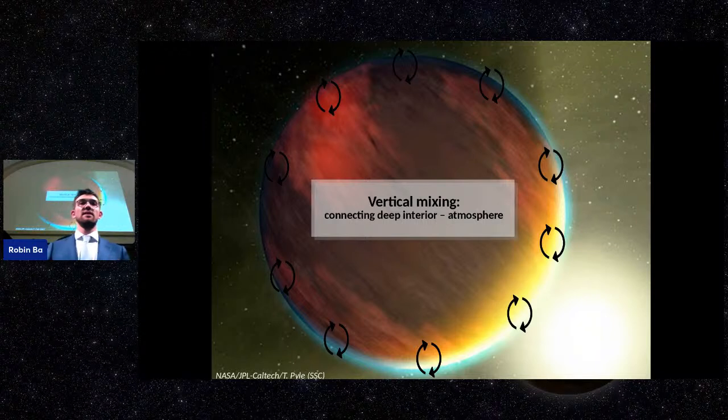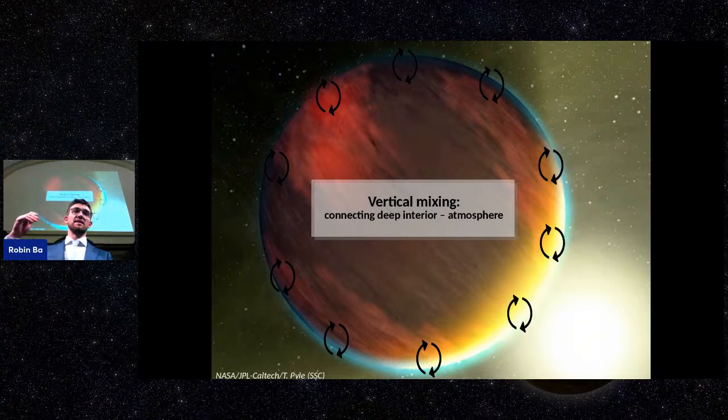There is also one additional thing that I would highlight here, and that is connected to the vertical mixing, which can actually make a connection between the deep interior of the planet and the upper atmosphere where our observations are coming from. In comparing the results of our chemical models and our transmission spectra with earlier work of other research groups, we found some differences, and we derived that these differences were due to a different deep state of the atmosphere, where the deeper layers can have a different temperature, and as they have a different temperature, also a different chemical composition.